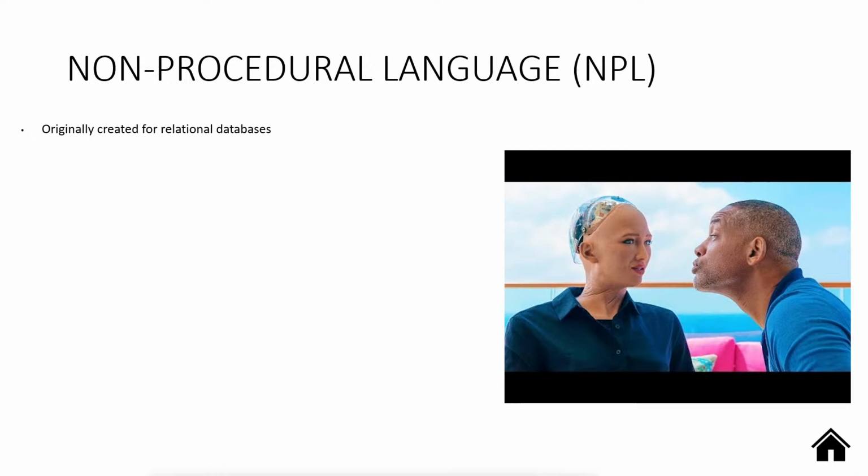We write structured query language and it interrogates the database and returns data for us. The point of non-procedural languages is that the result, what comes out of the query, is more important than the actual steps to solve the problem. We don't care about the steps. A non-procedural language works the steps out for itself.